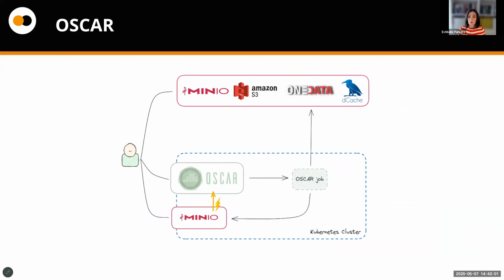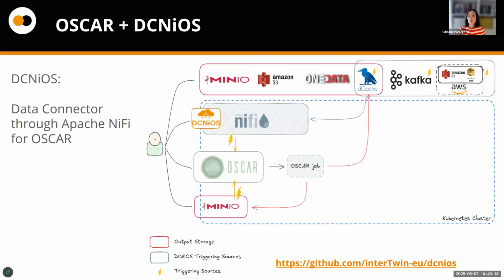This diagram shows the status of Oscar before the interTwin project, where you can use the deployed MinIO instance to trigger new jobs. But here I show you the new diagram where you're using DTE Neos.